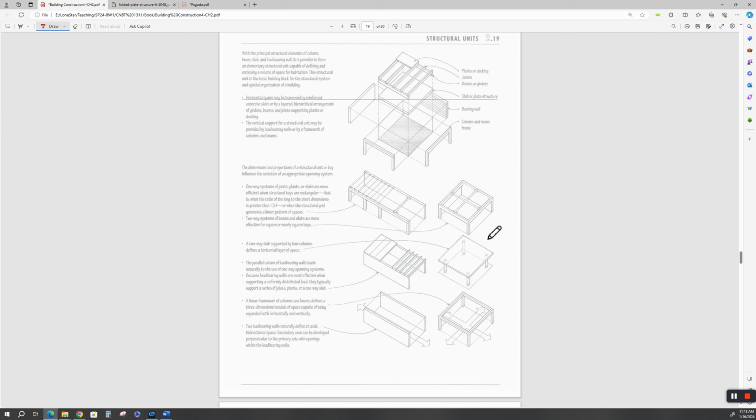That slab would either have a shear pad like that at the column, and then the column would rest into the shear pad, and this would be the foundation, and this would be the top part of the slab up here. So you got to watch the thickness around the column, because this is a stress concentration, and you don't want to punch through your slab. That would be bad. People would be very upset with you.